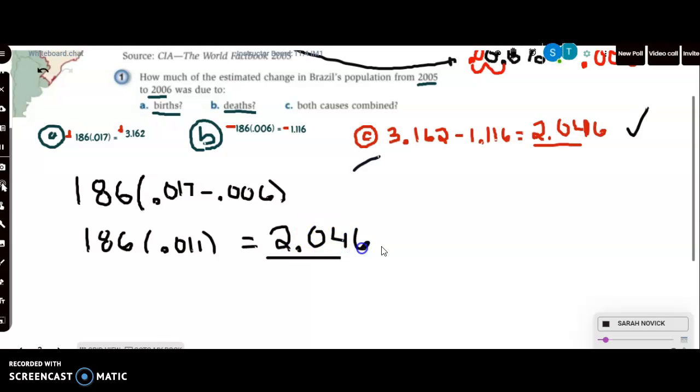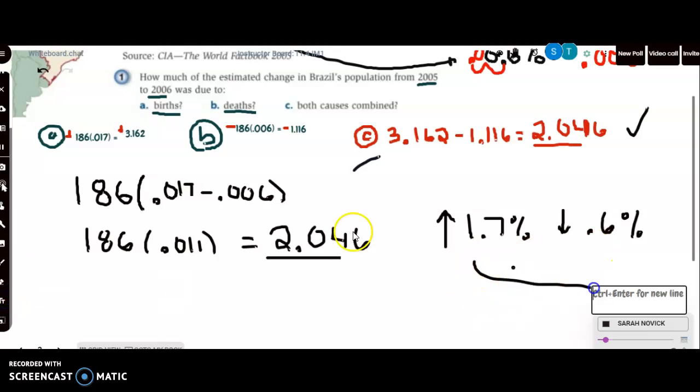And that kind of makes sense, because if the birth rate is going up by 1.7% and the death rate makes the population go down by 0.6%, it does make sense that you would just subtract these two. You would take 1.7 and take away 0.6 to get that 1.1%, or 0.011.